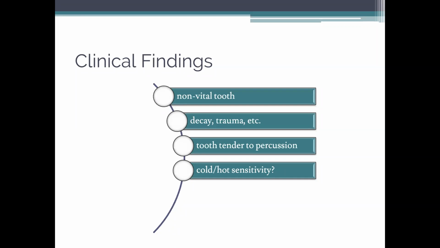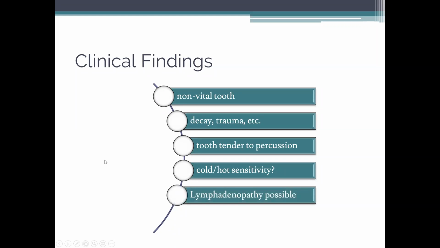So the patient will tell you they can't chew on it. Whenever they close their teeth, it hurts. When you tap on it, you'll raise them out of the chair. Sometimes you get some swollen lymph nodes, lymphadenopathy. So on the side of the mouth the tooth is on, they may have swollen lymph nodes.